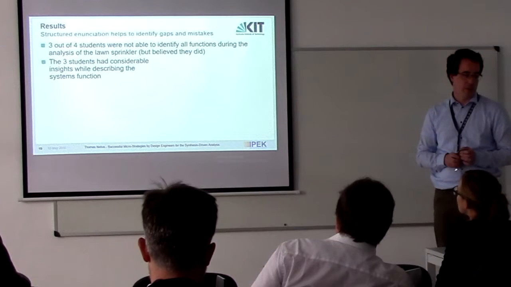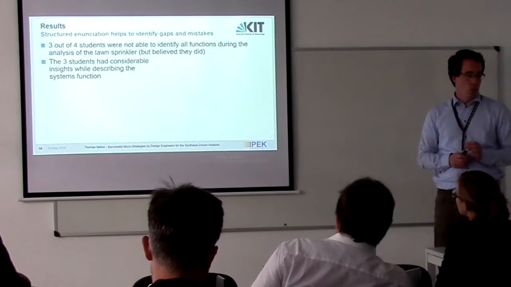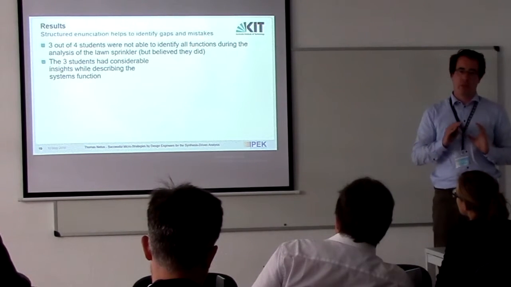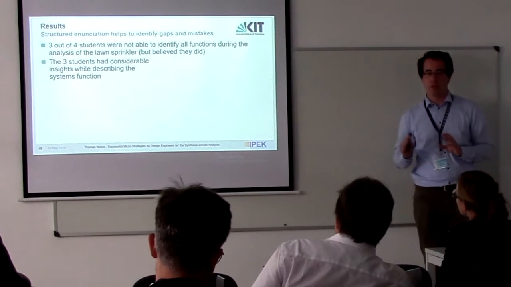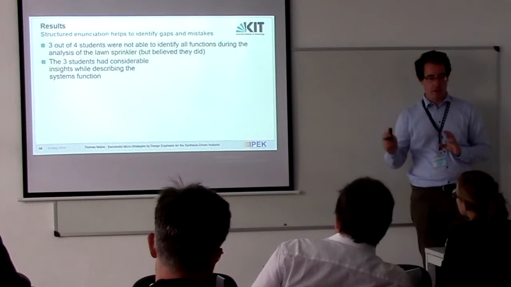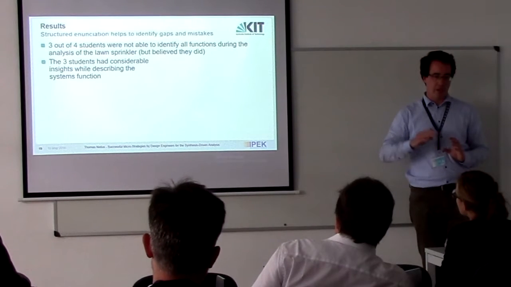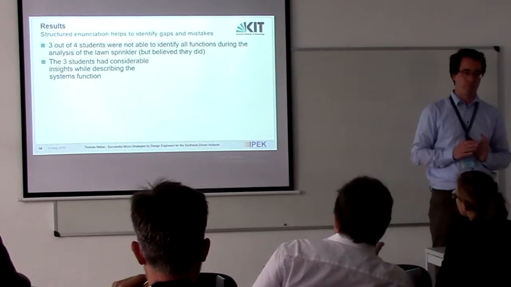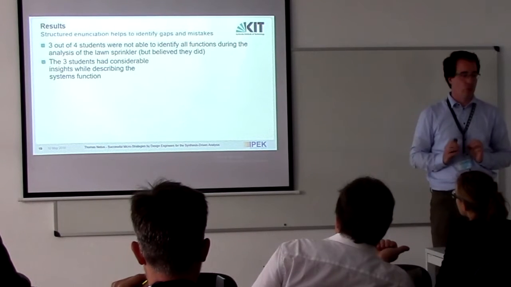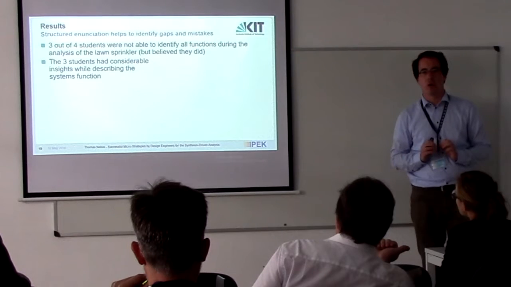And the second hypothesis, we came up with this idea for this hypothesis during the first task, lawn sprinkler. The participants analyzed the function of the lawn sprinkler, and in the end they should describe the function to the experimenter. And 3 out of 4 students were not able to identify all the functions.